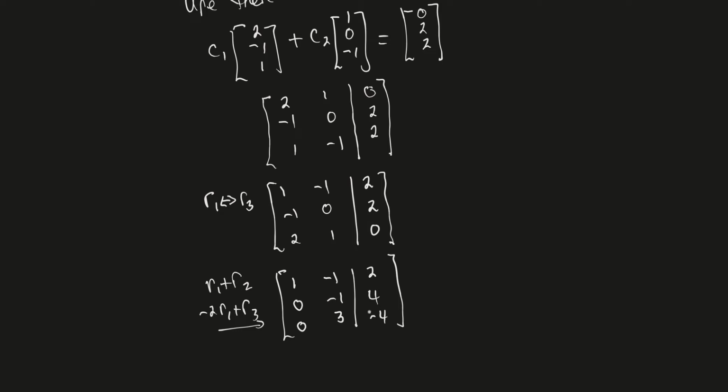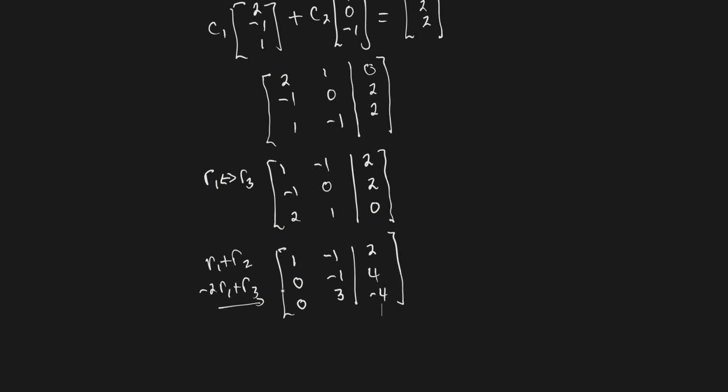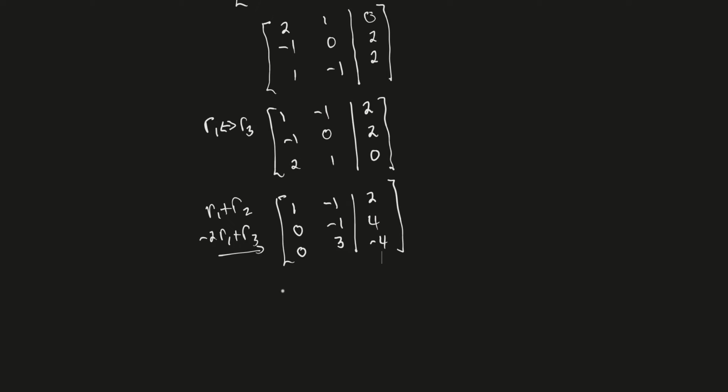Well, I think you see what's going to happen here. And if you don't, well, let's see. To get a 1 in this position, let's say I take -1 times row 2. And I get this vector 0, 1, -4, and then 0, 3, -4.